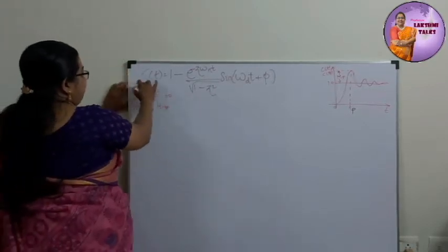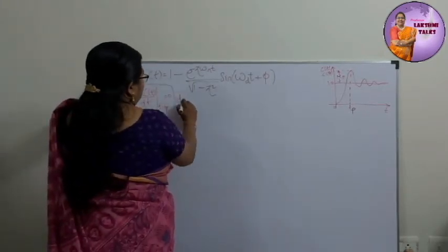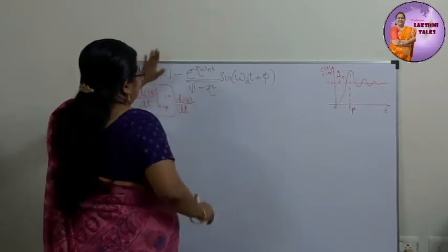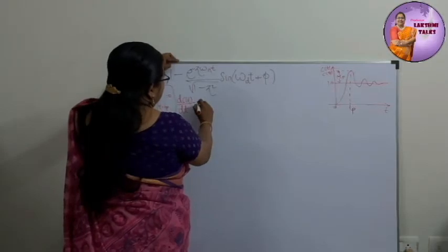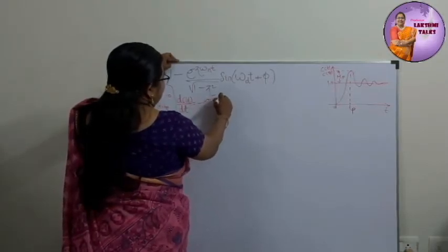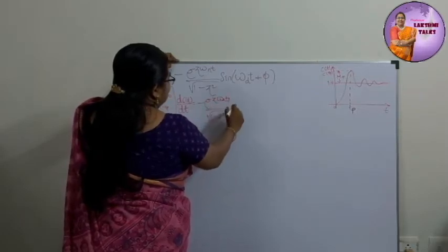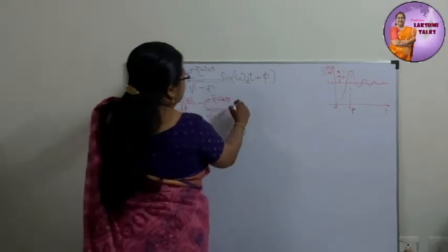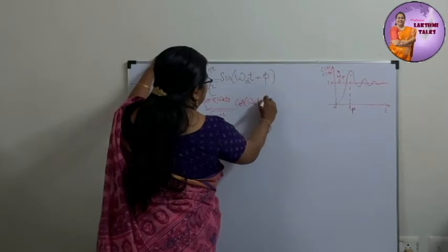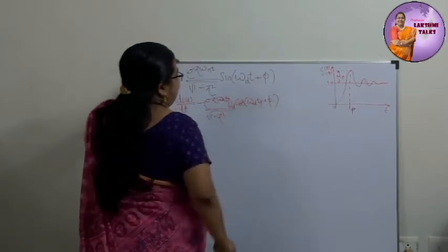Okay, so we'll differentiate this once. So dc of t by dt is equal to, using the uv method, minus e power minus zeta omega n tp by root of 1 minus zeta square into cos of omega d tp plus phi into omega d, right? So we'll write here omega d.